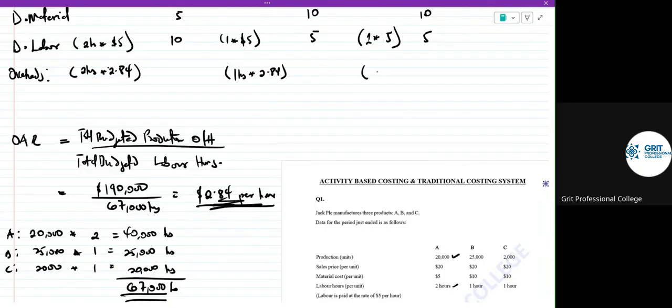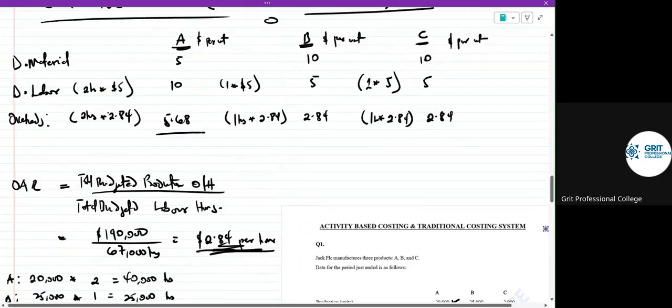And then product C, it will be another 1 hour by 2.84. So this will give us 2.84, 2.84, and for A, 5.68.